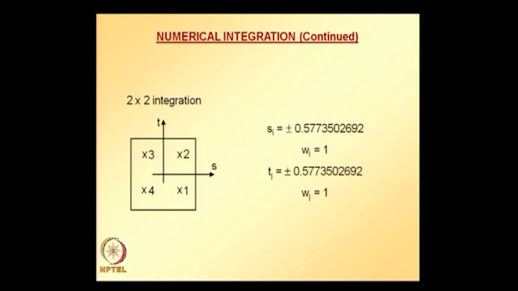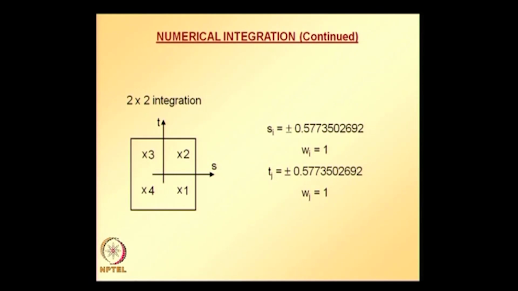Here the integration point coordinates in the s direction are shown, and the weight in the s direction at these 2 points is equal to 1. Similarly, integration point coordinates in the t direction are given, and the weight in the t direction at the 2 points is equal to 1.